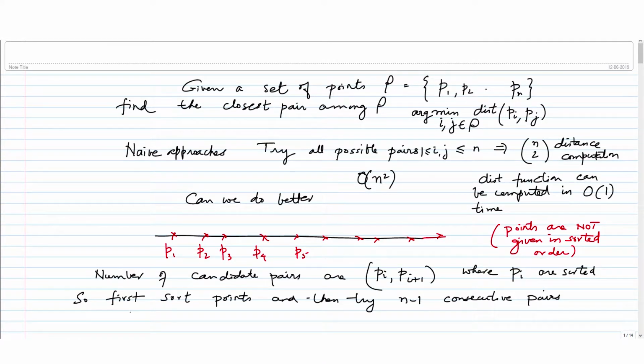So the time complexity is dominated by sorting, whatever it is. So certainly you can do it in n log n time. Right? So you can see from this n square, the naive algorithm, we could make a leap into the n log n bound.